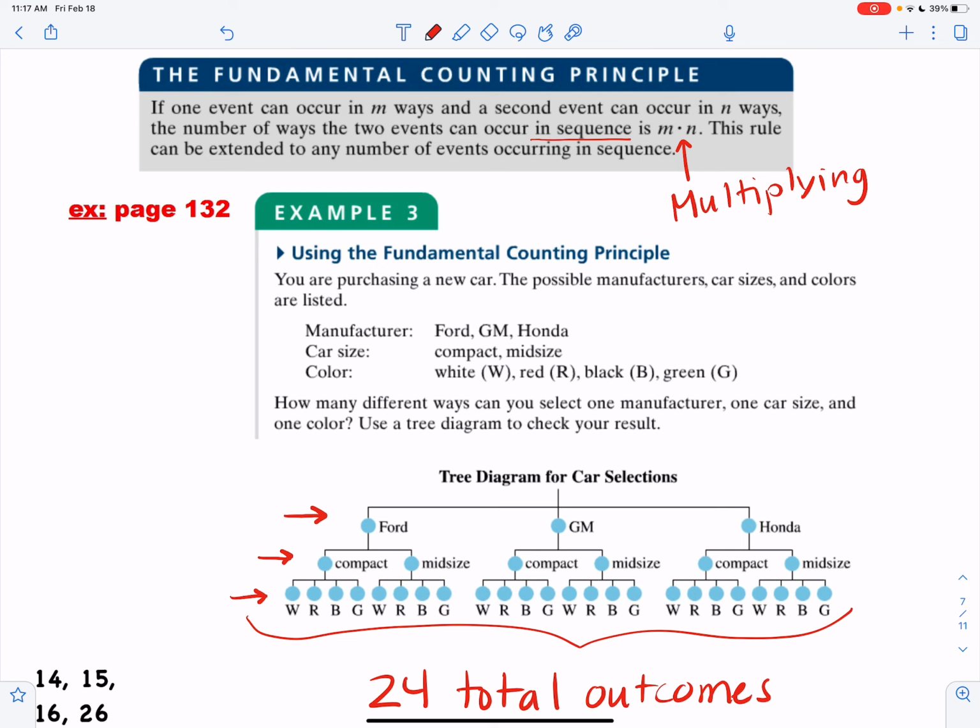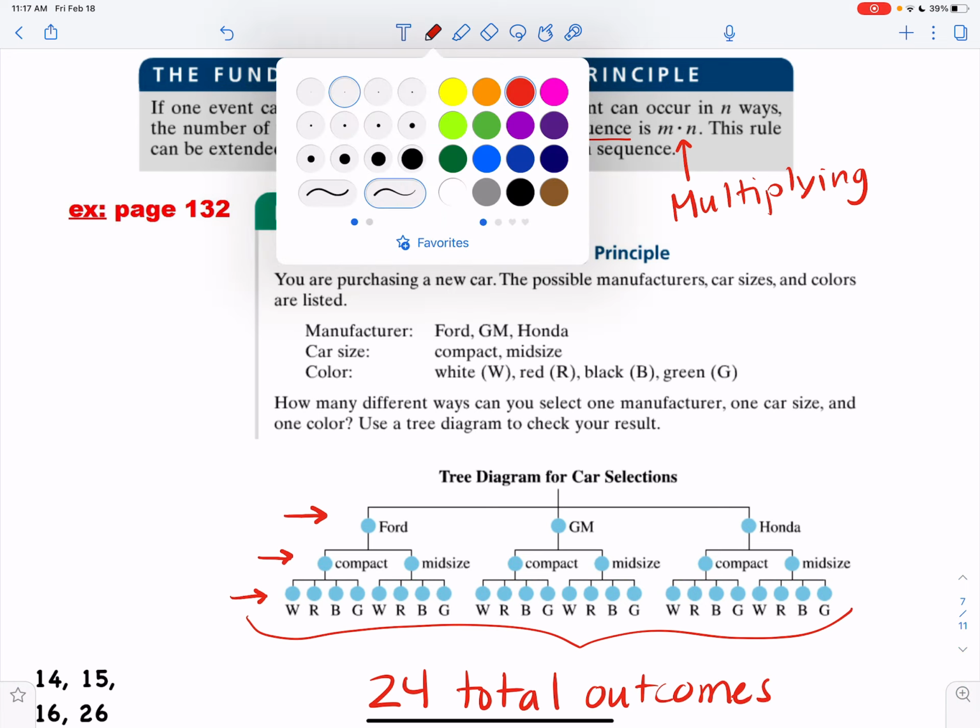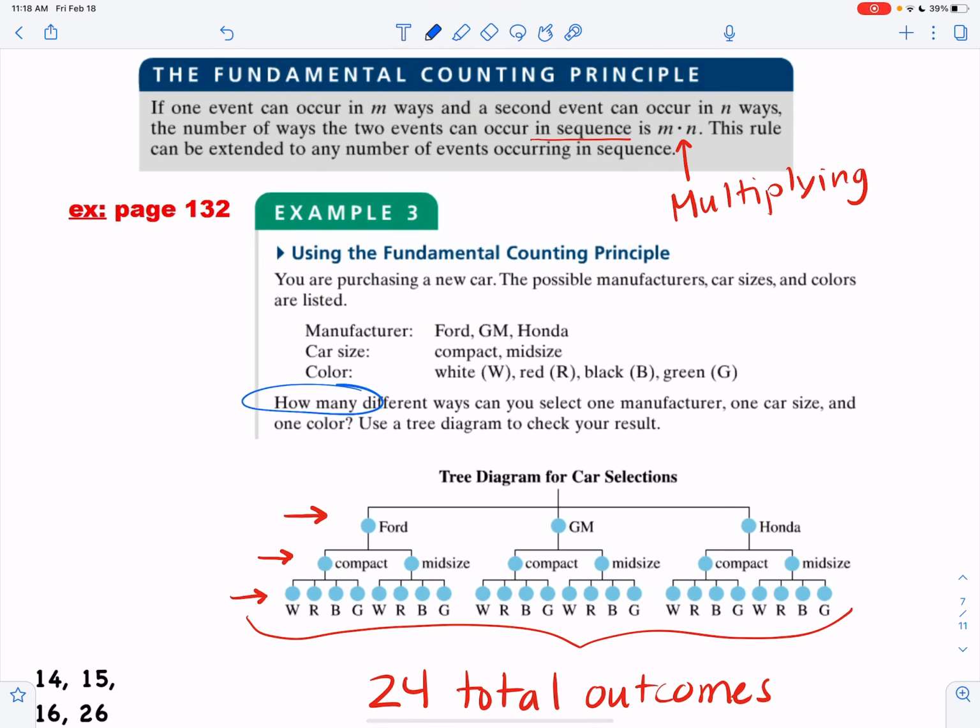But the fundamental counting principle gives us a shortcut to where if we just want to know how many outcomes there are, not actually list them out in a sample space, but just get the total, then what we can do is just look at the number of ways that each one occurs, basically the number of possibilities for each of those.